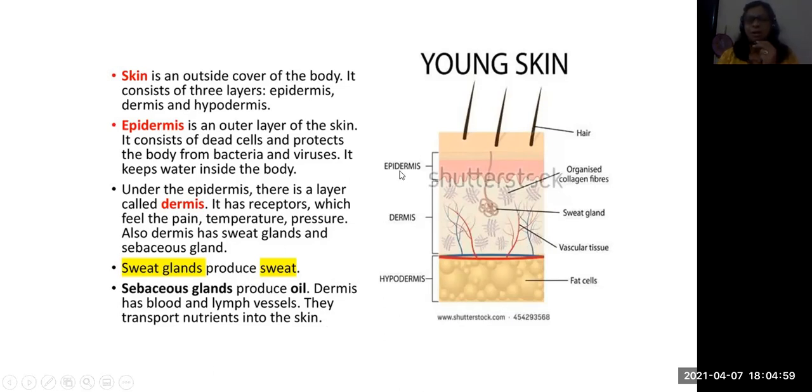Epidermis is the outer layer, this one. Dermis is the middle layer. Hypodermis mostly consists of fat cells, which we call the sebaceous glands. And these are important to give the fat.